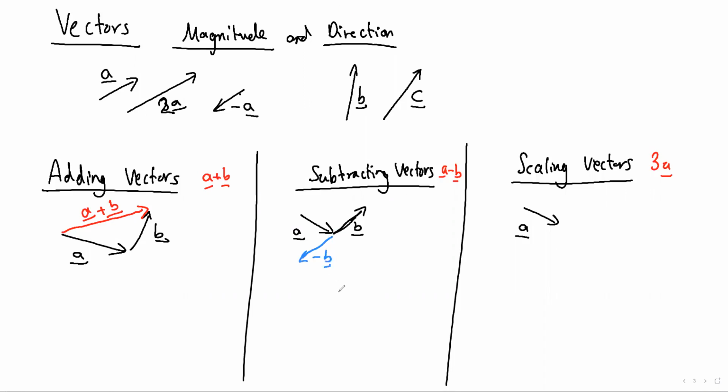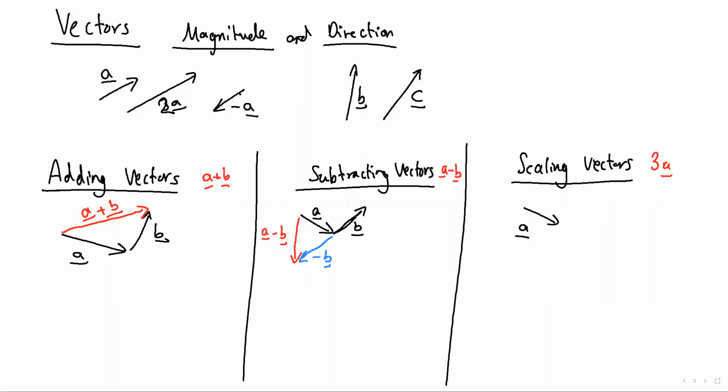This is negative B. So A minus B will go along A and then negative B. So if I move this here, our resultant vector will be this vector here, going from where A begins to where minus B ends. And we denote this as A minus B, like so.